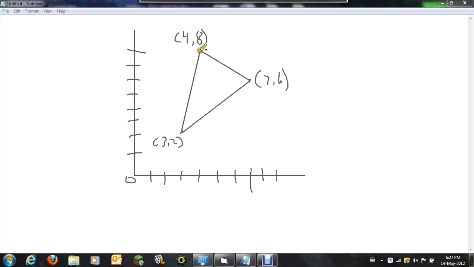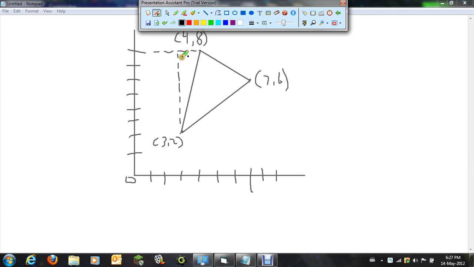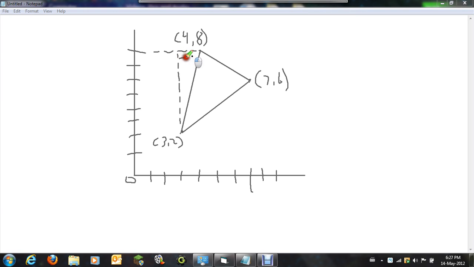And the right angle is where the two lines intersect. If I drew an imaginary line here, and here, they intersect there at 3, 8. And here you see our beautiful right angle.